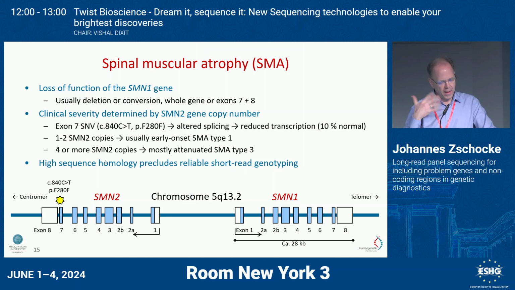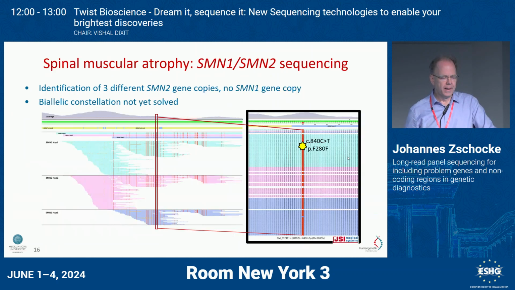So the high sequence homology precludes reliable short-read genotyping, and we can solve this, no problem, also with short-read panel sequencing, but I'm not happy enough with the results.